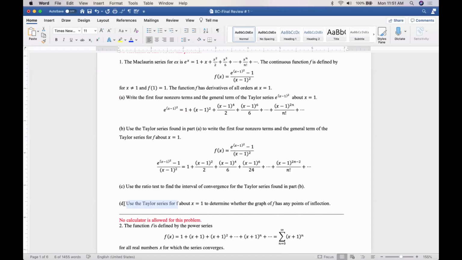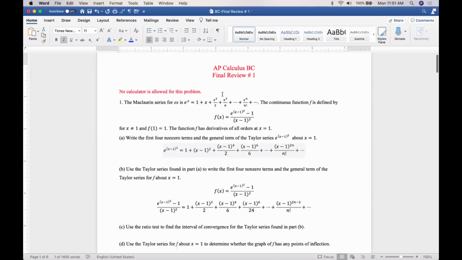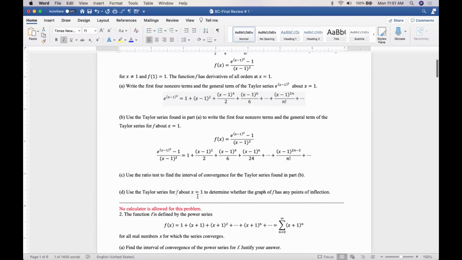Next problem says use Taylor series for f about 1. By the way, you don't make it about 1. We did not make this centered about 1. It's just when we substitute it, it becomes around 1 on its own. Do you understand that?